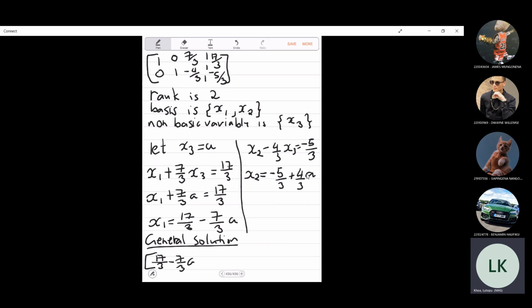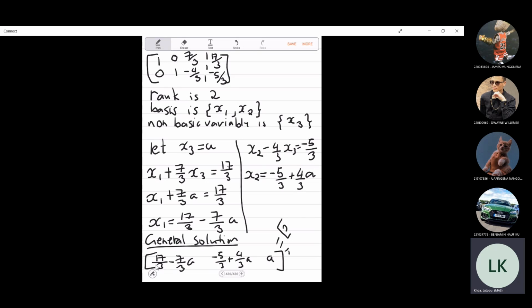Then the second one is minus 5 over 3 plus 4 over 3a. And the last one is just a. So this is a row matrix, so there are no commas here. I just want them to be on the same page. We put a T here for transpose.